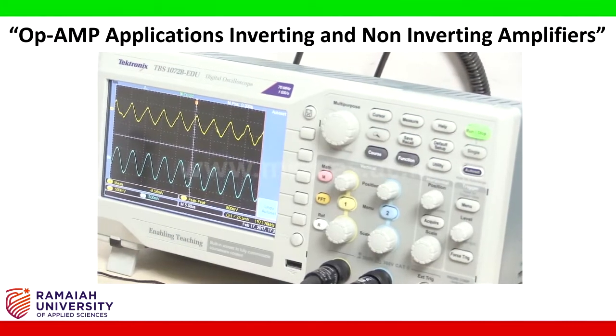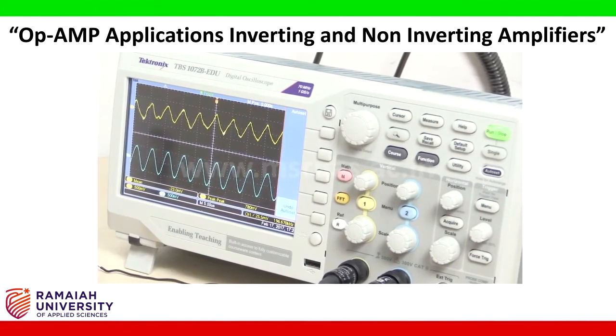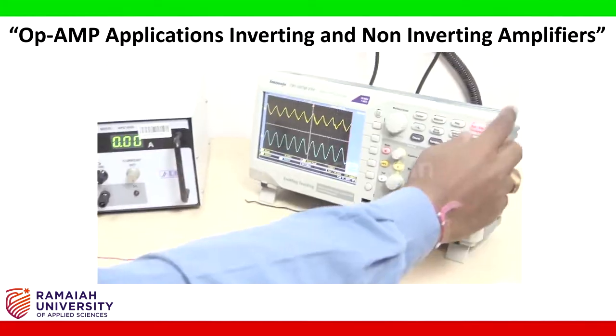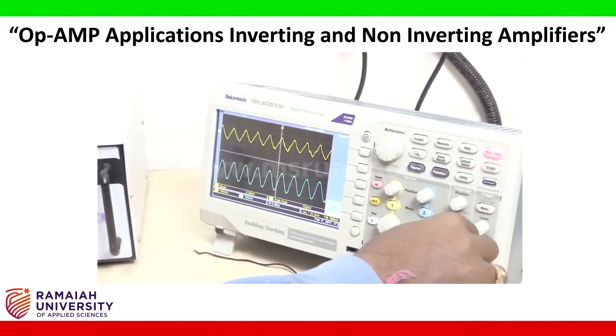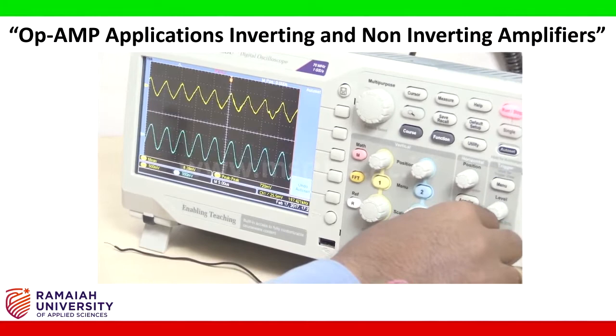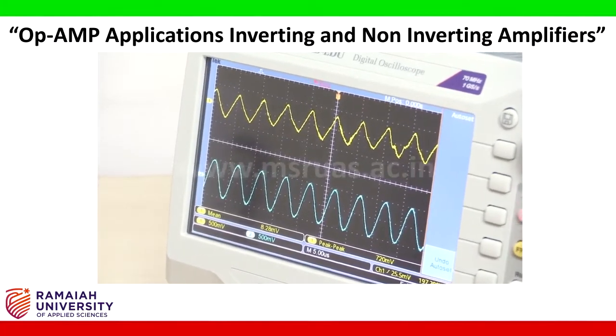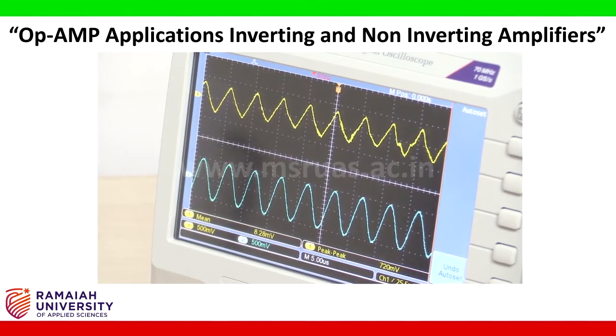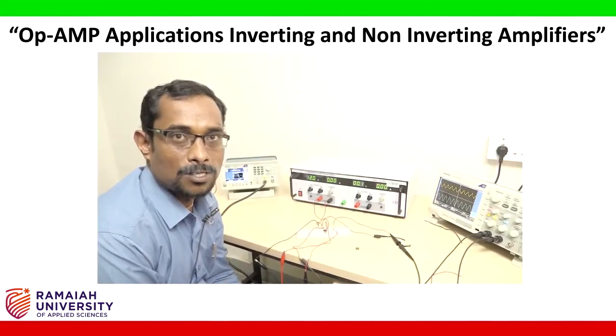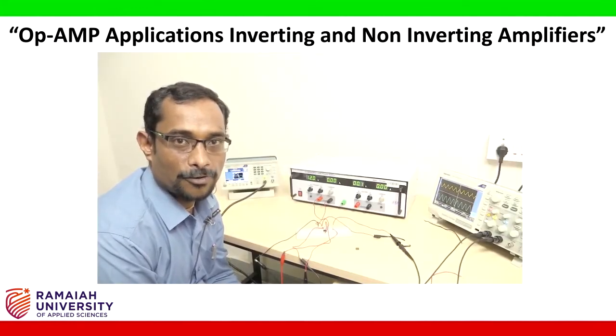If you want it more clear, you can switch. So it will show us two different phases of the signal. Our operational amplifier works as an inverting amplifier. Now we complete the inverting amplifier waveform generation.